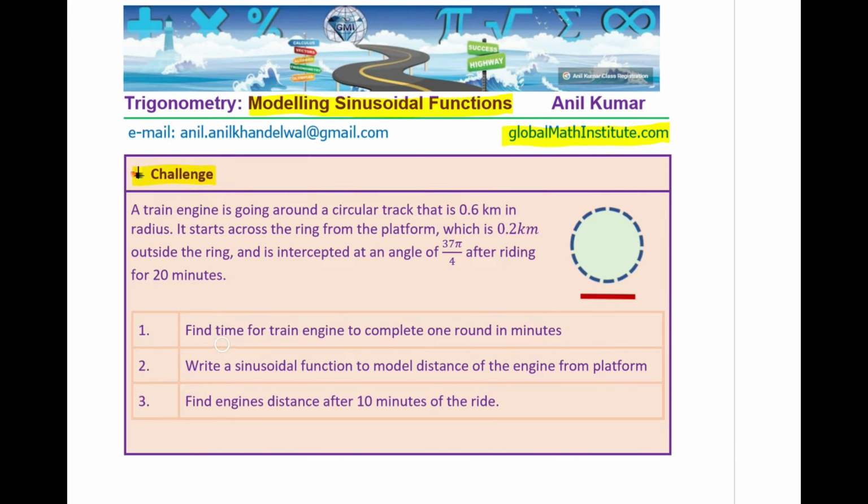You need to find the time for the train engine to complete one round in minutes. Write a sinusoidal function to model distance of engine from the platform. And 3. Find engine's distance after 10 minutes of the ride. So this distance is distance from the platform.